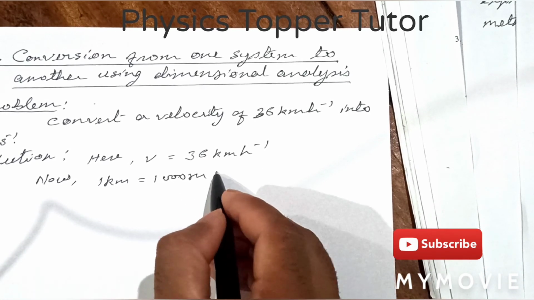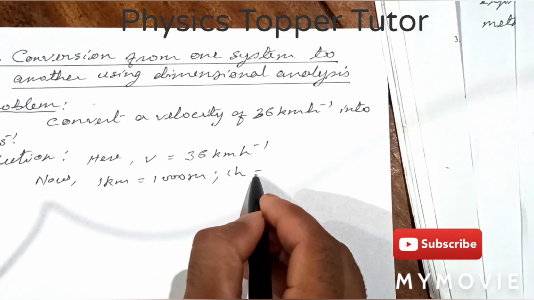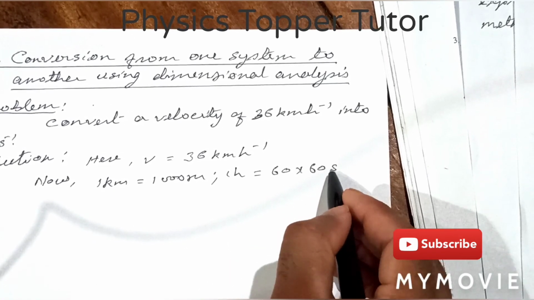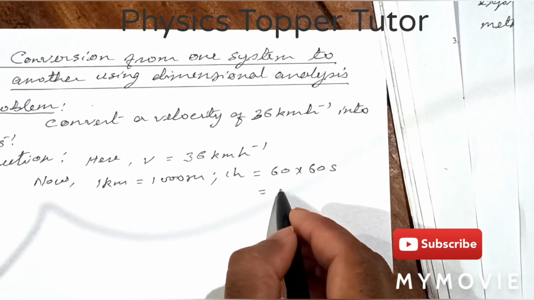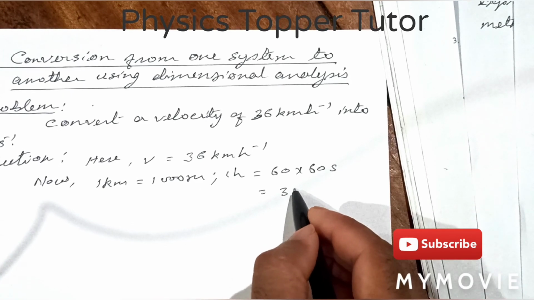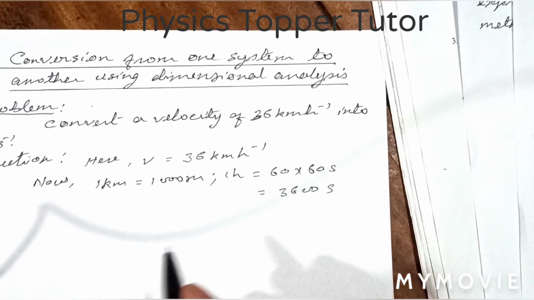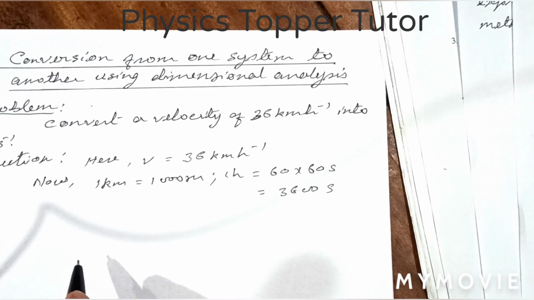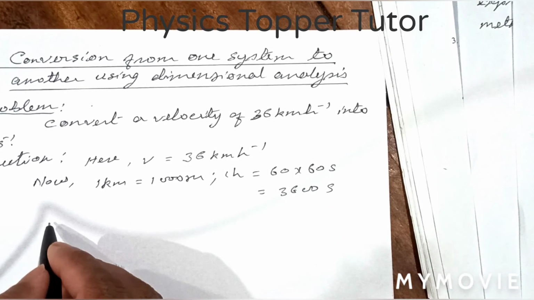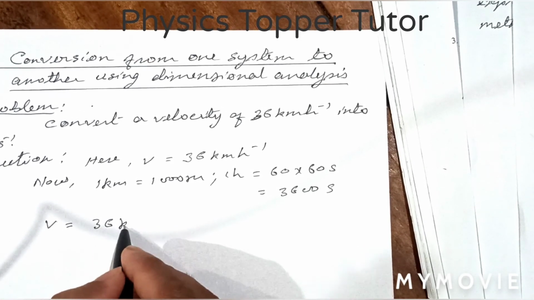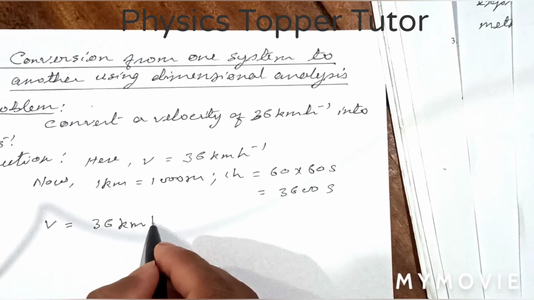And 1 hour equals 60 into 60 second, which is 3600 second.